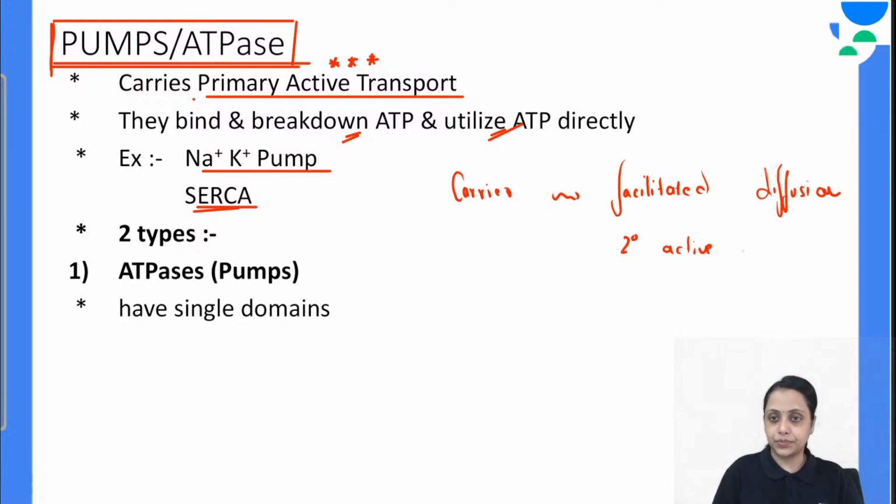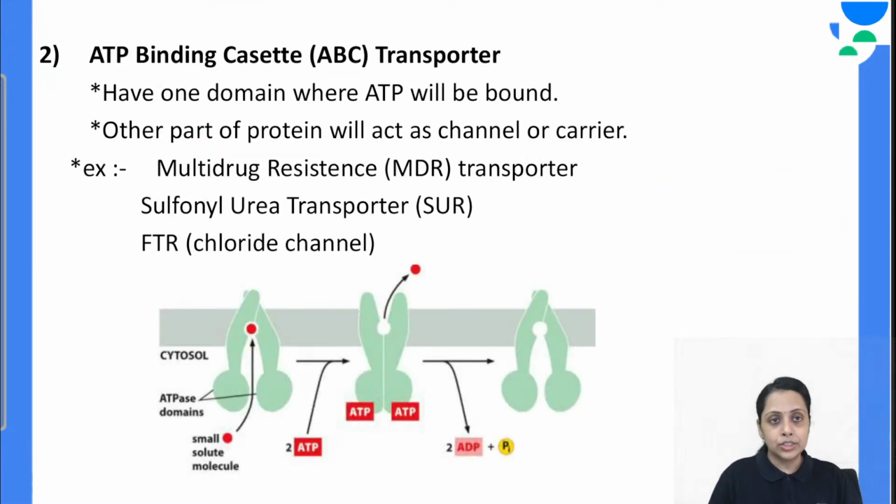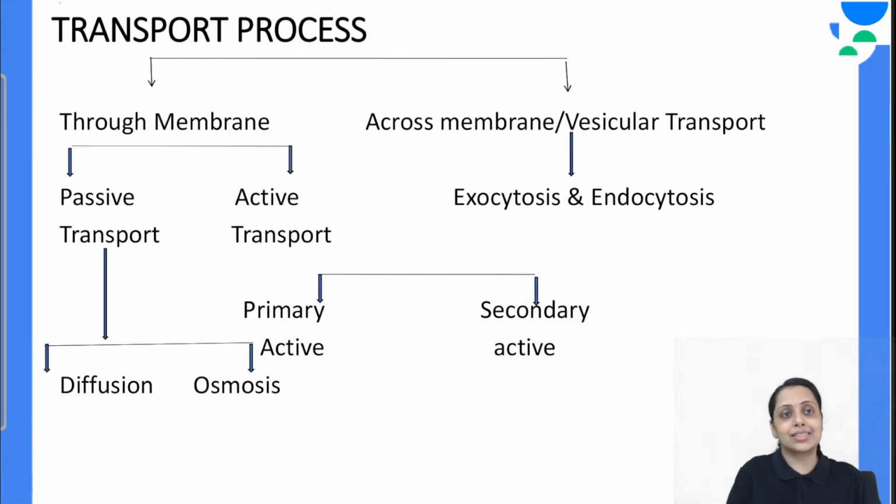And pumps are required for primary active transport. For simple diffusion, channels are involved. Is this clear?